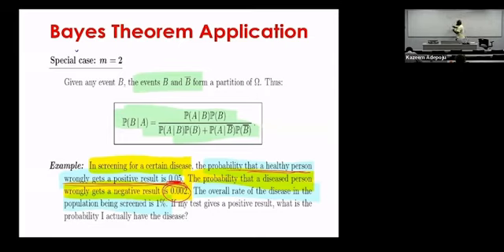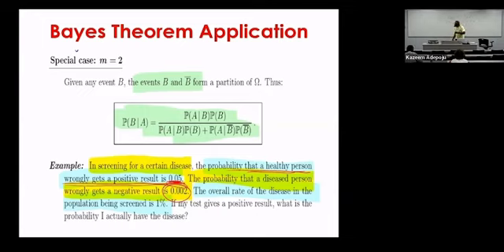When I start with this guy and multiply by this guy, I get that. Does that make sense? This is a situation where A and B are not independent. Not independent actually implies they depend.